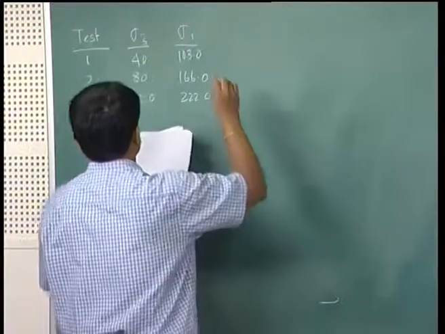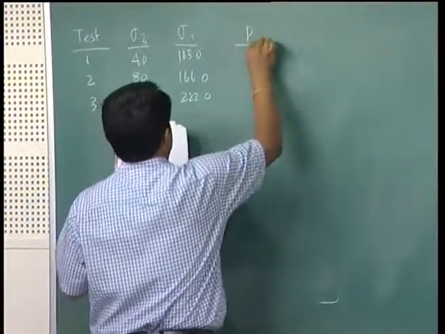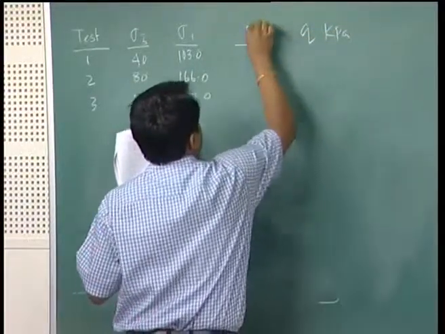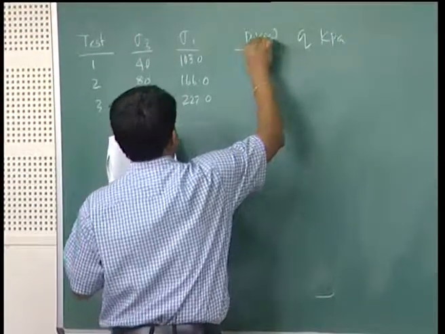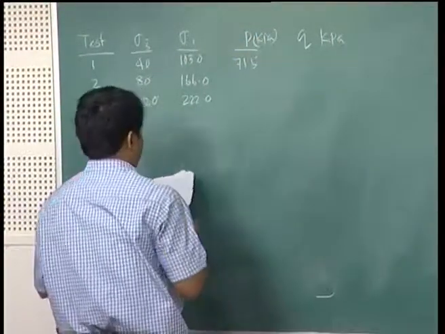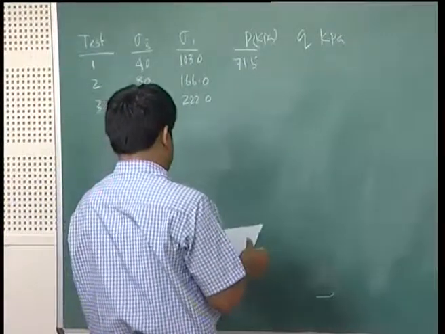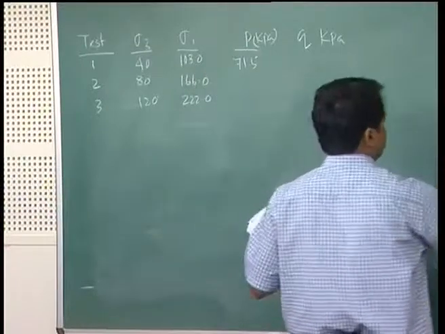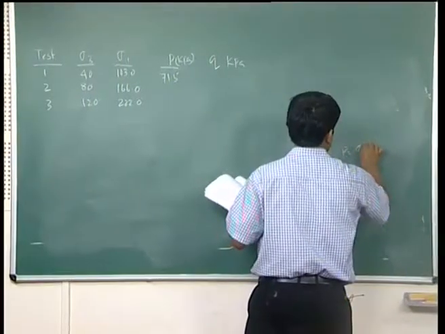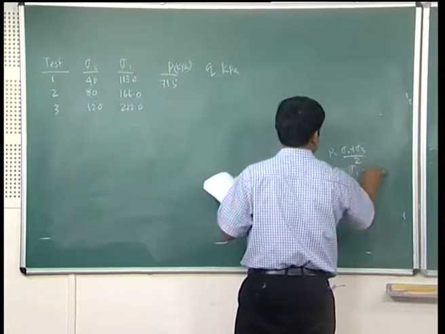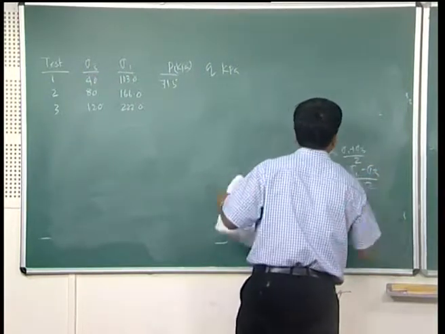From there you can find P and Q in kPa. How will you get P and Q? As I said earlier, P is equal to sigma 1 plus sigma 3 by 2, and Q is equal to sigma 1 minus sigma 3 by 2.